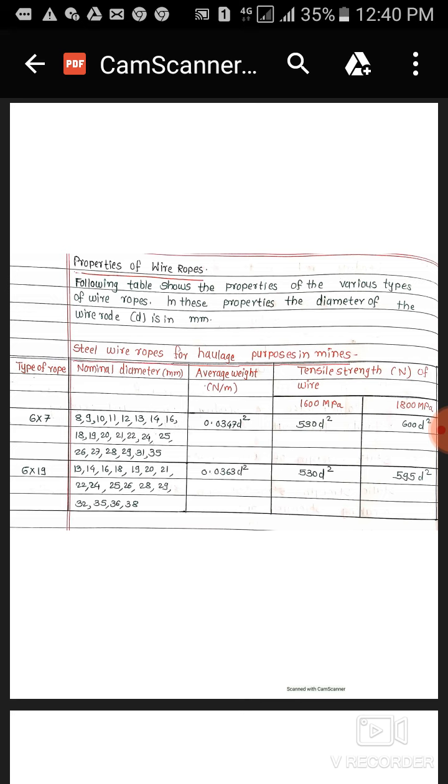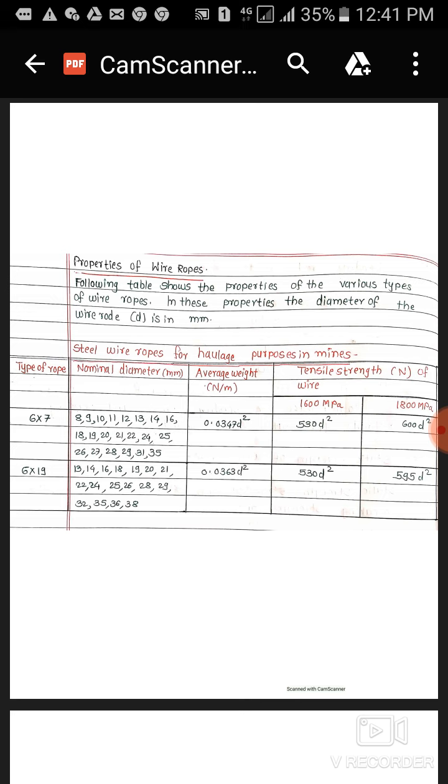This 6 stands for the number of strands, so a total of 6 strands are there, and 7 is nothing but the single strand contains 7 wires. So this is the meaning of 6 by 7.